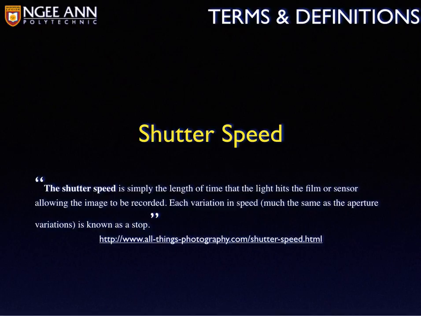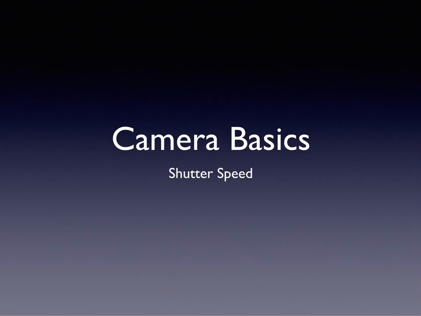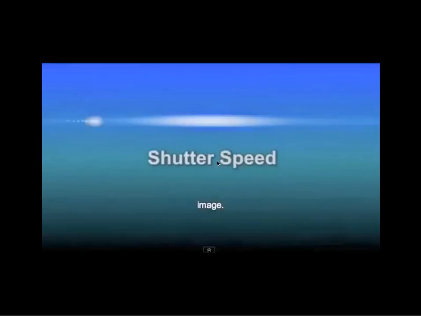So for example, if you set 1/50 shutter speed, that means within 1 second the shutter opens up 50 times. So this is what is known as shutter speed.